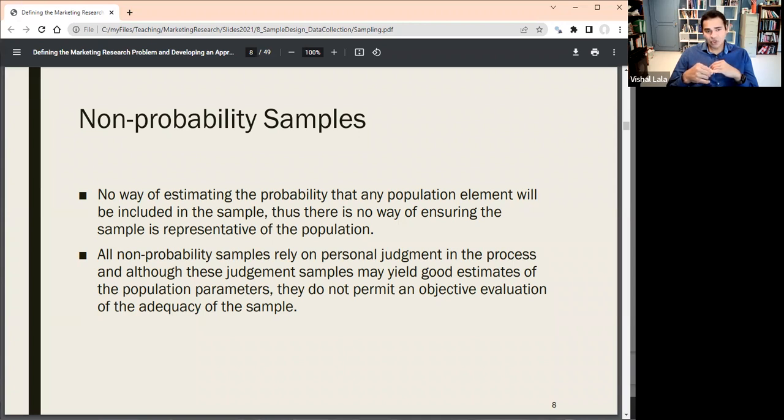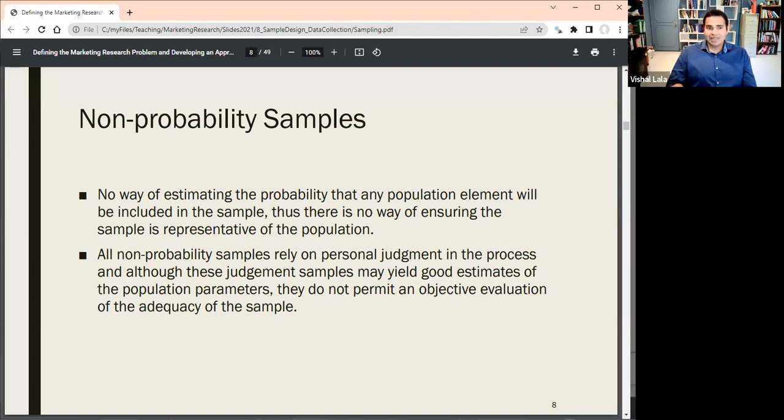So there's no way of ensuring the sample is representative of the population. This is not to say it is not representative. We're just saying out here, we cannot assess whether in fact the sample is representative of the population. So we have no objective way of evaluating whether the sample is adequate or not because of the nature of sampling being conducted out here.